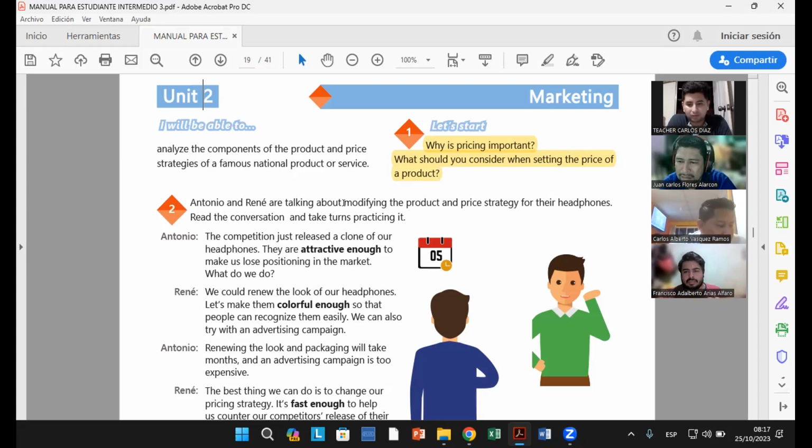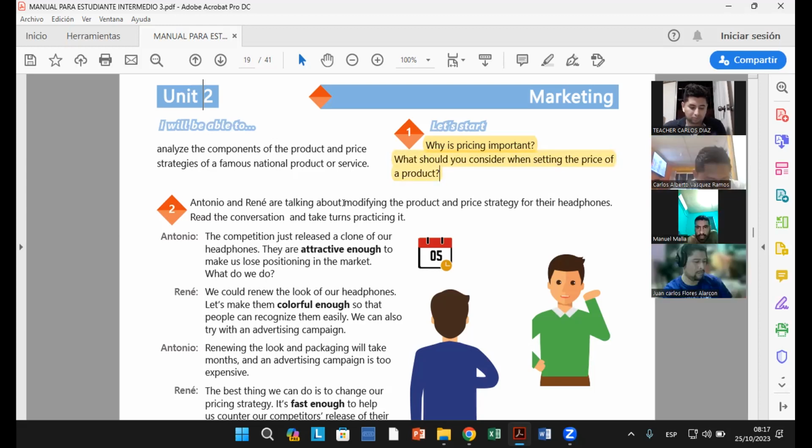Whole cost. When the price is very low, for example, the company can lose a lot.